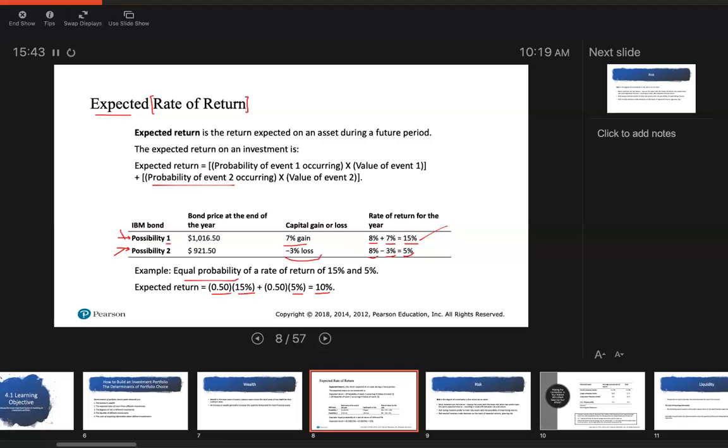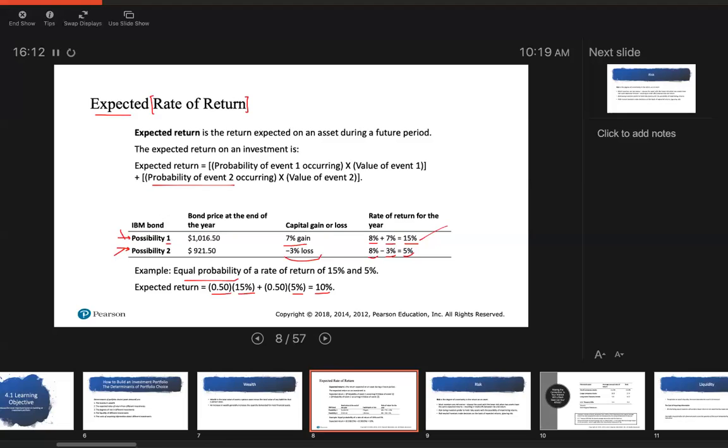About 50% of the years that I'm invested in this product, I see a 5% return, which means that if I blend those two together, on any typical year, I end up with an average return of 10%, right? And that's what we call the expected return. And that gives us an indication of how valuable a particular asset is, or how attractive a particular instrument is.